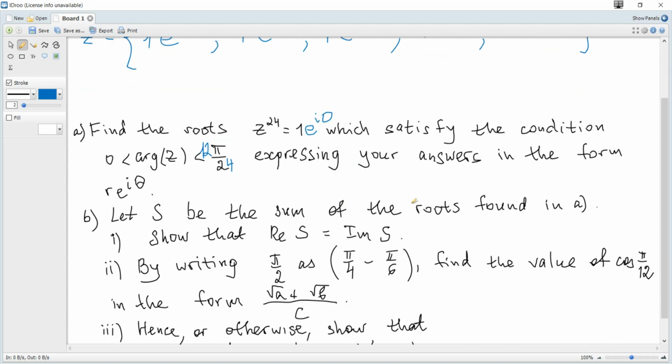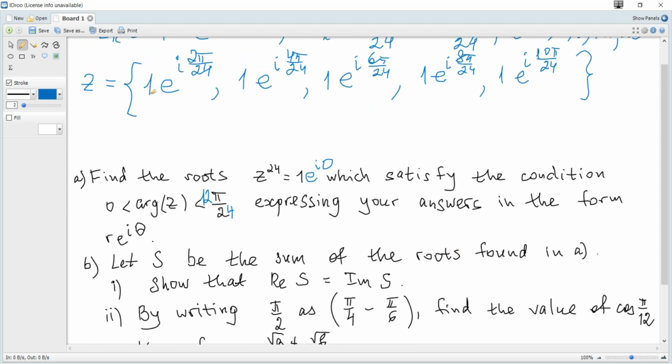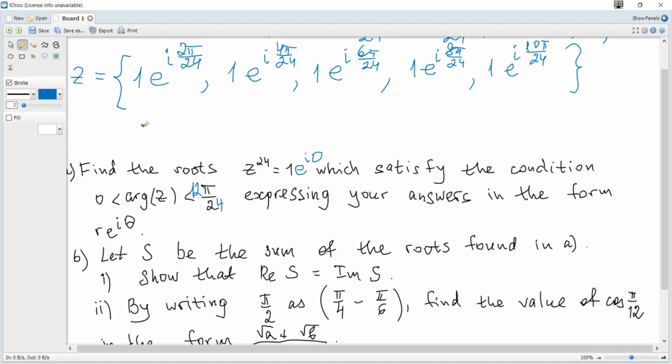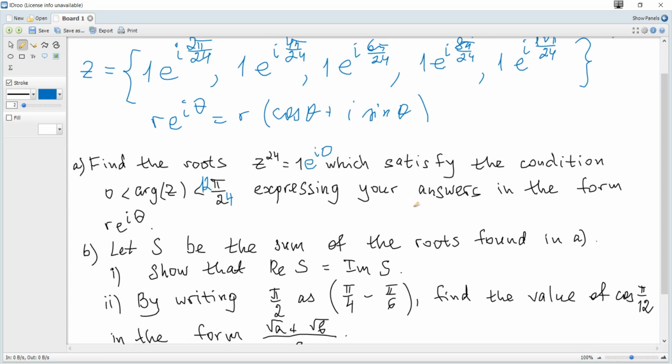B. Let S be the sum of the roots found in A, so it's just the sum of these values. Show that the real part of S is equal to the imaginary part. And we know that r e to the power i theta is r times cosine theta plus i sine theta. So the real part is just r cosine, the imaginary part is just r sine.